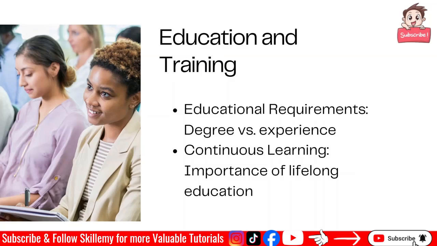And if you have experience in a different section, suppose you have experience in programming along with nursing, you can do that also. So degree versus experience is like you have experience and you work for that experience, not for a degree, or you're working for a degree and you don't have experience.